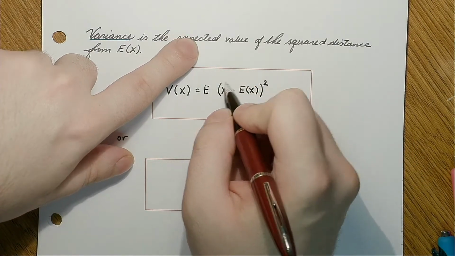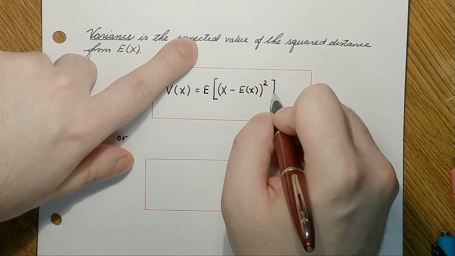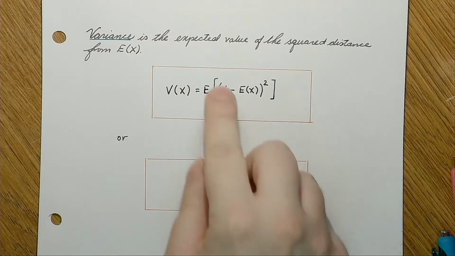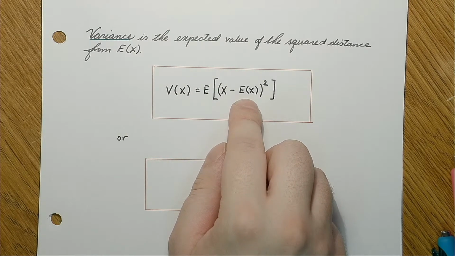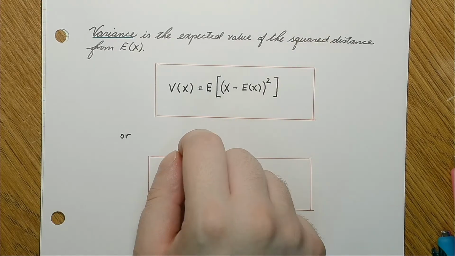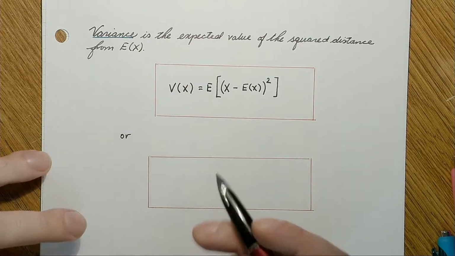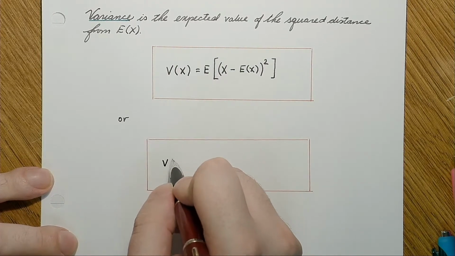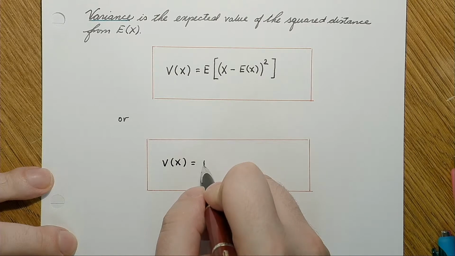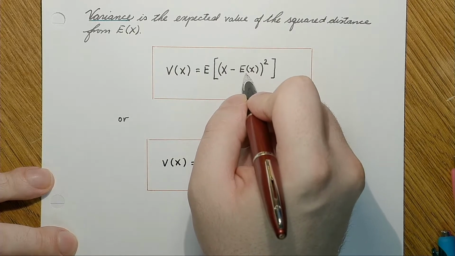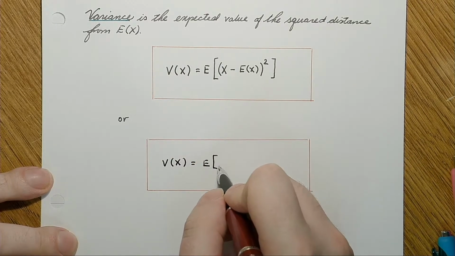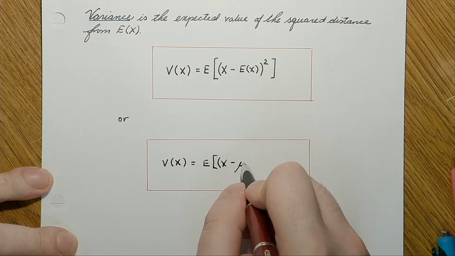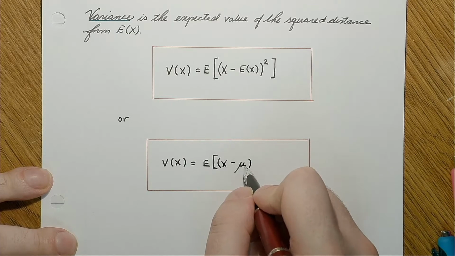So it's the expected value of the squared distance from the expected value. The other way that we can express that is V of x. Instead of writing it as E of x, sometimes they may write x minus mu. And again, same idea, mu is the expected value.